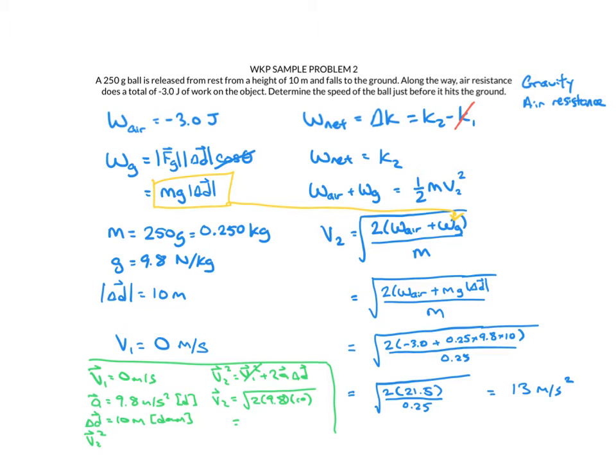That comes out to 14. So yeah, the air resistance of negative 3 joules, that did negative 3 joules of work on the ball, managed to prevent it from getting to that 14 meters per second. It ended up only getting to 13 meters per second.